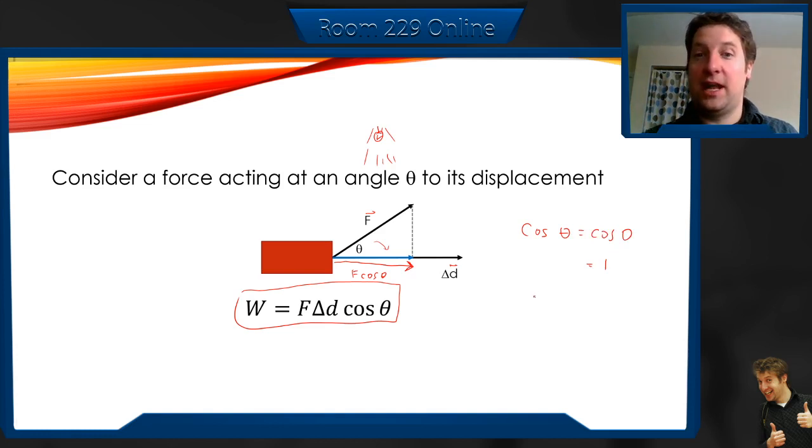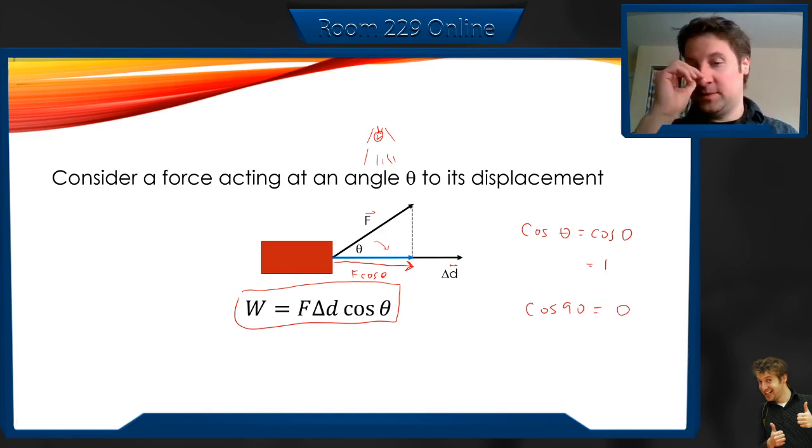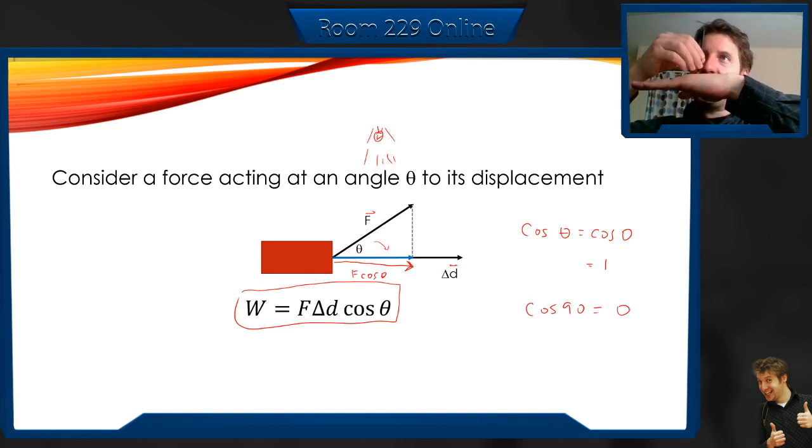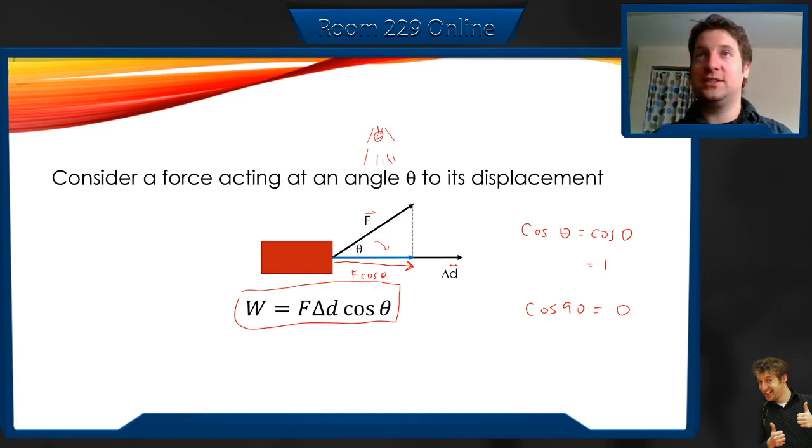And if they're at right angles, the cosine of 90 is 0. So if the thing is moving in this direction and I'm pulling up, and I'm not changing its position up and down, I'm not doing any work, because none of the force is acting in the direction of the displacement. The angle is 90 and the cosine of 90 is 0.